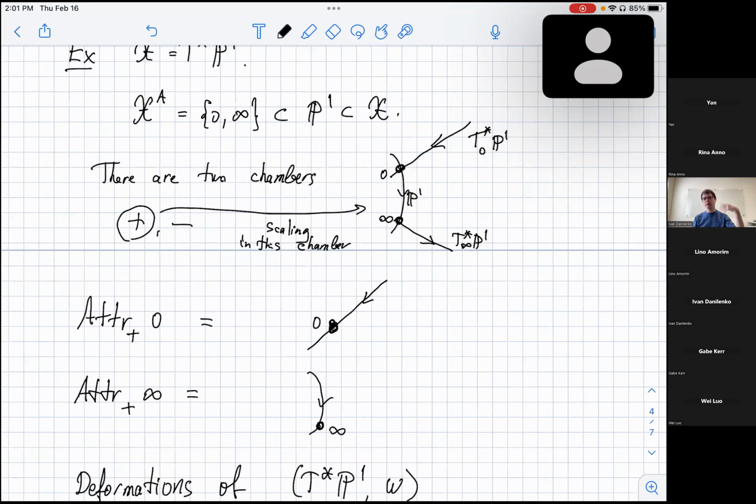That's why when I compute the stable envelope for infinity, it could have support not only on the attractor to infinity, but also on the attractor to zero.